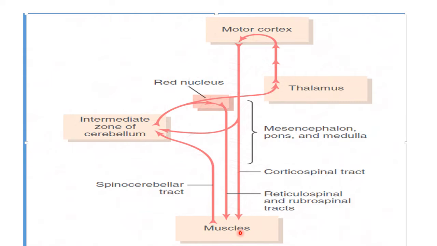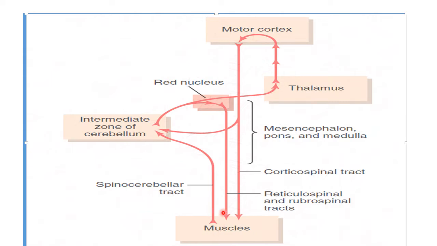This is one way of influence. The second way of influence is that the impulse, the action potential originated in the cerebellum, reaches the red nucleus, then through the reticulospinal and rubrospinal tracts, again it regulates the tone, posture and movement. This is the second influence.